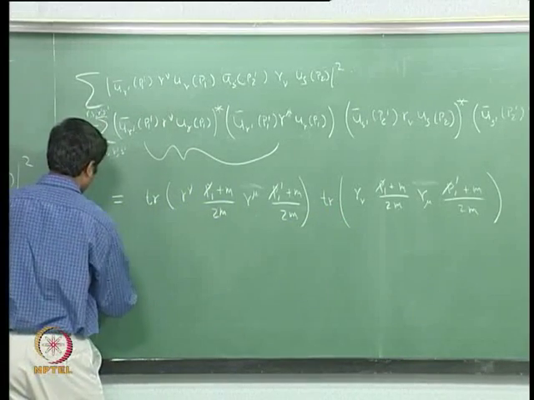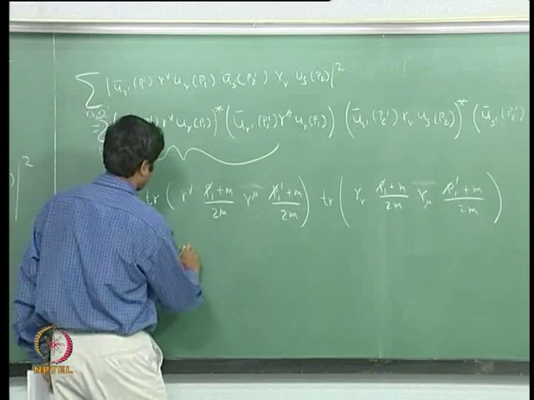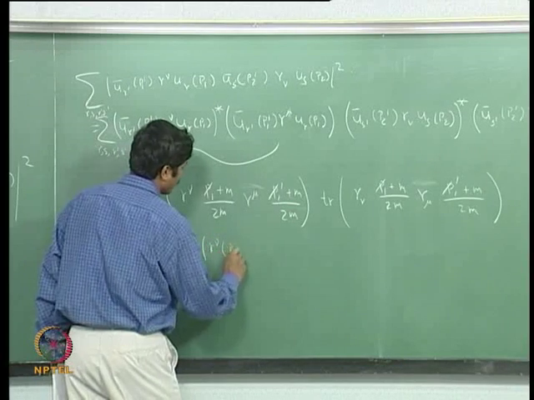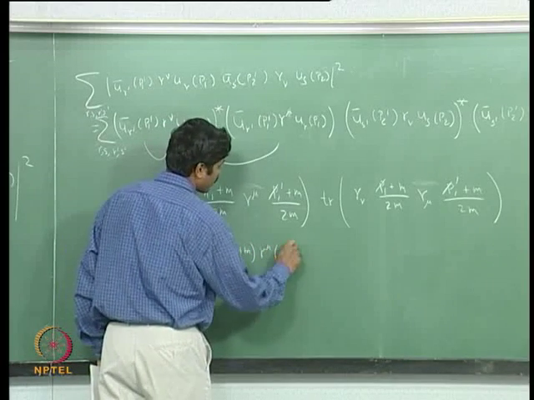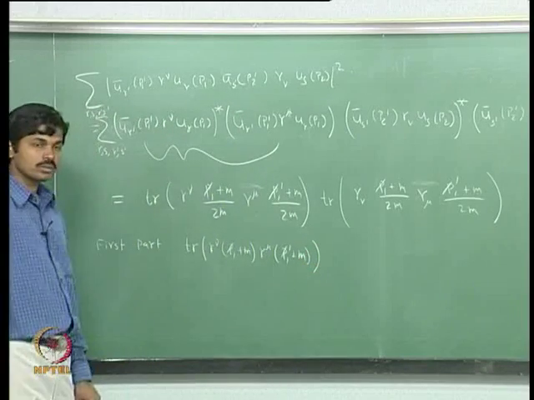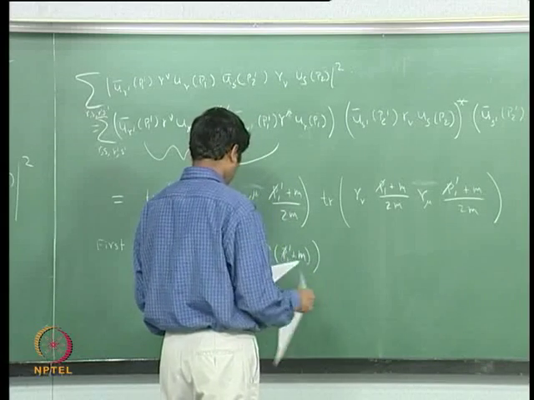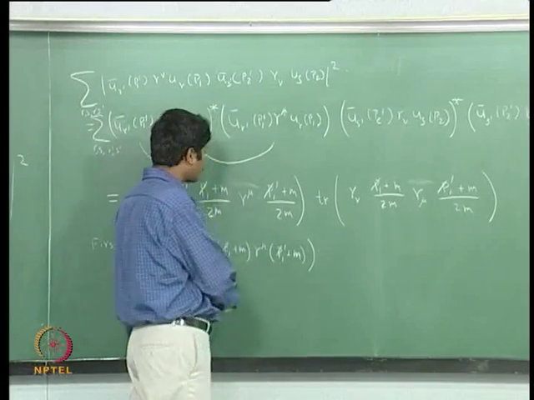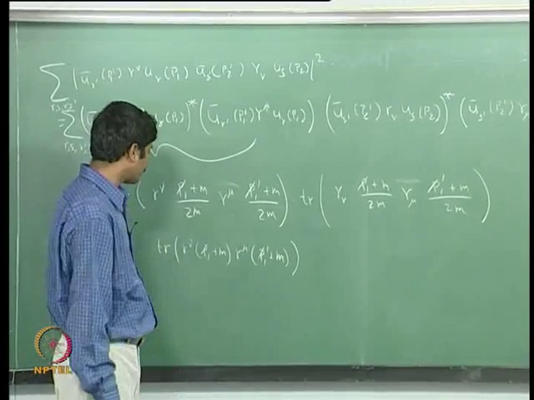So, the first part involves evaluating the trace of gamma nu (P1 slash plus m), gamma mu (P1 prime slash plus m). So, this will have four terms, but two of them will have 3 gamma matrices whose trace will vanish identically.